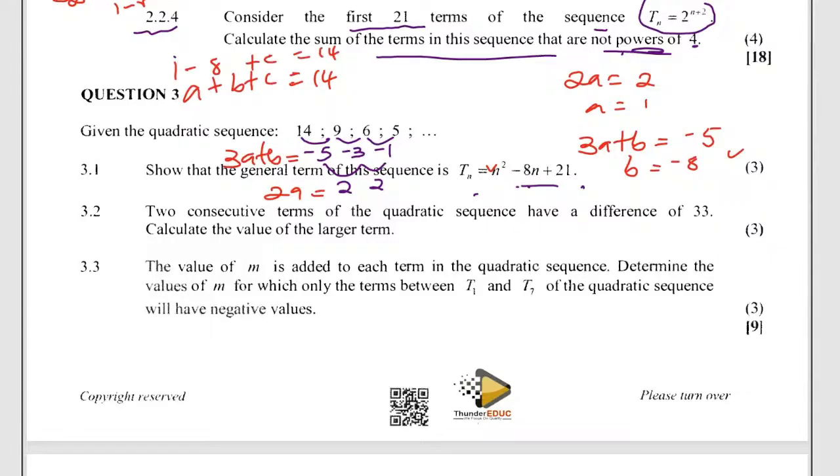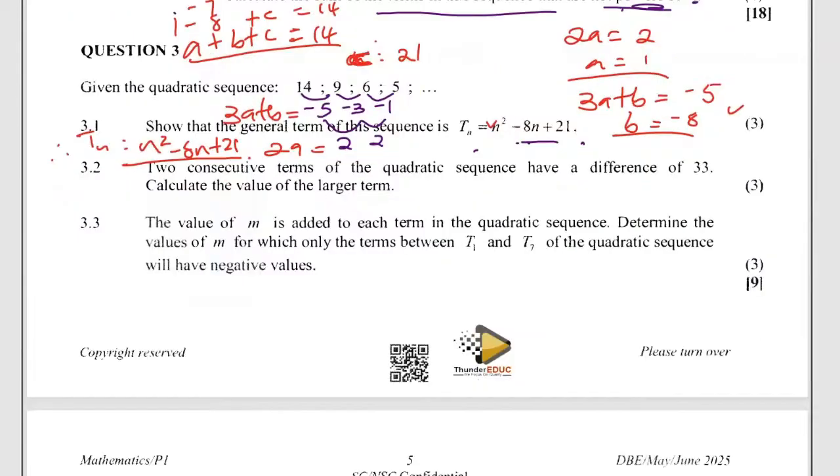So this is going to be -7. You move it that side, you get our c as 21. So it's all about showing how you obtain the a, the b, as well as the c. Then you draw the conclusion that therefore our Tn is n squared minus 8n plus 21.